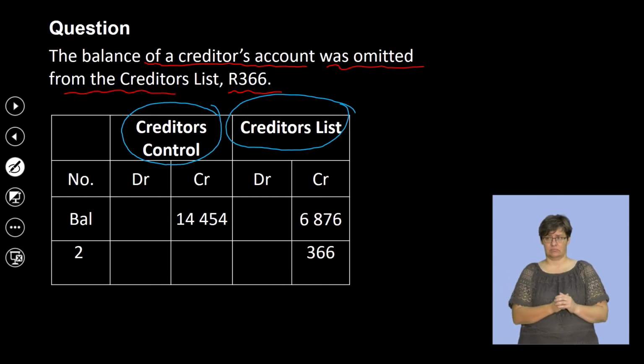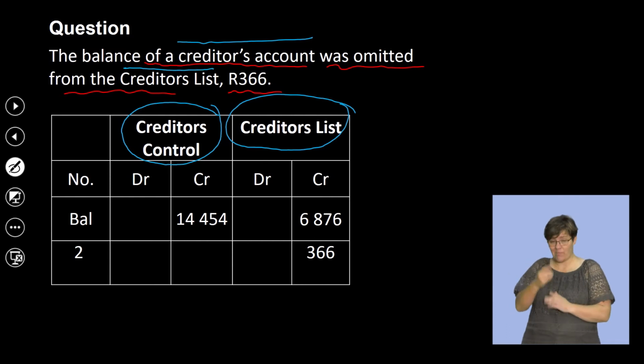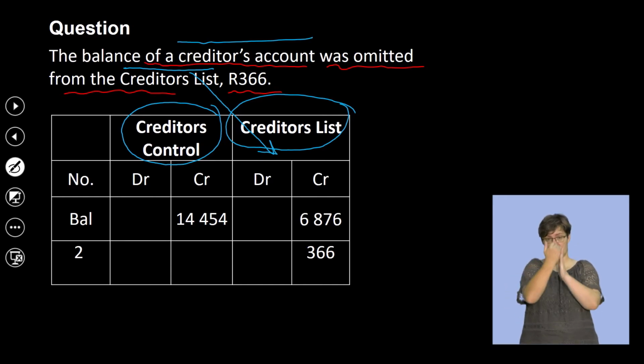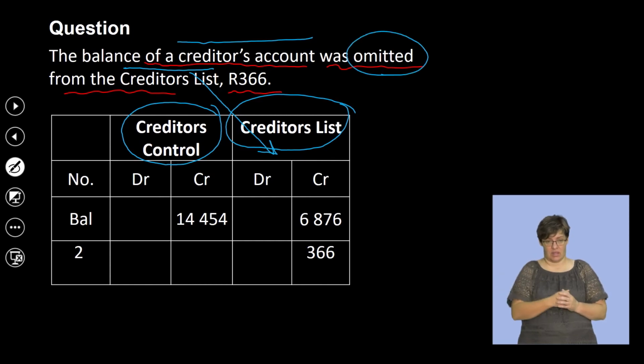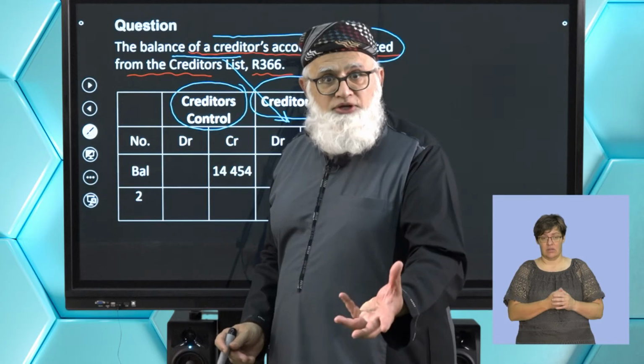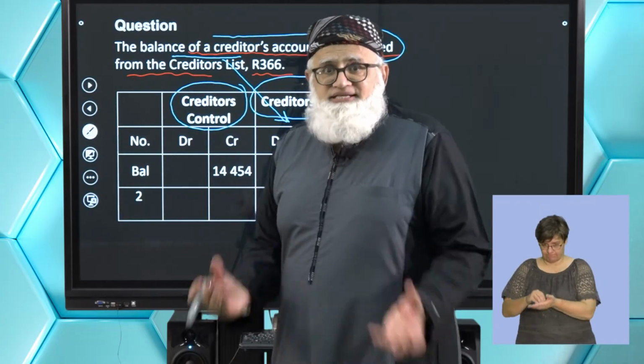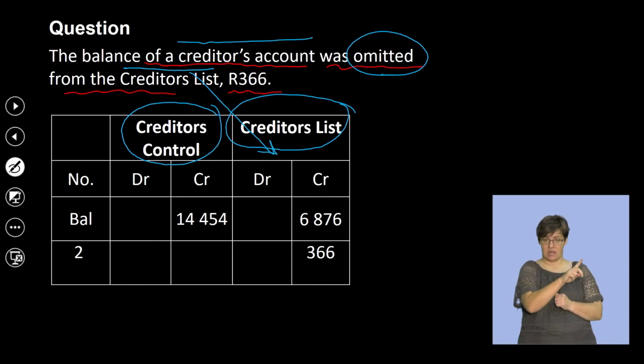The balance of a creditor's account was omitted from the list, immediately telling me that's my focus area. Where? My creditors list. Omitted means left out. So what do we do? Bring it in. It's a creditor, so add to my credits.